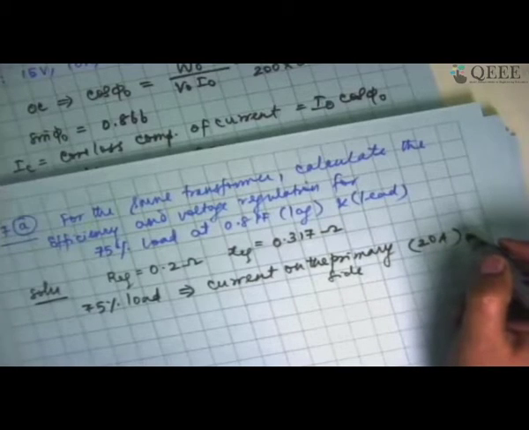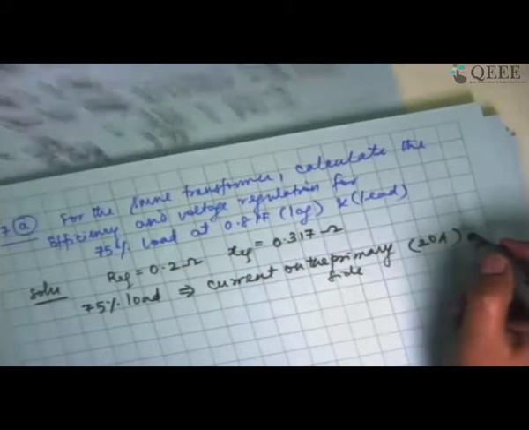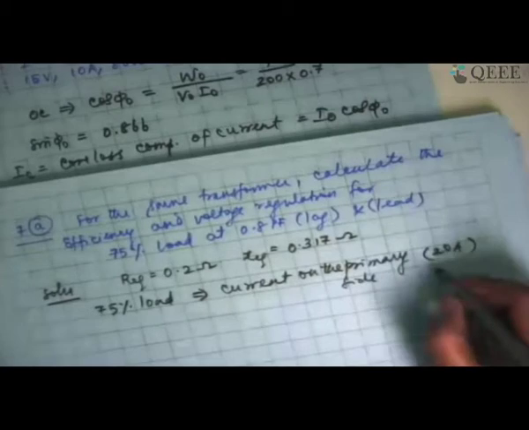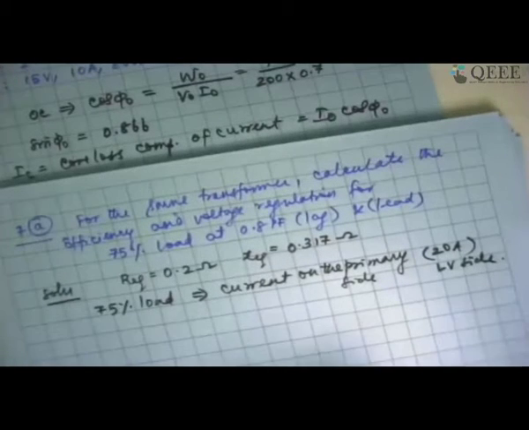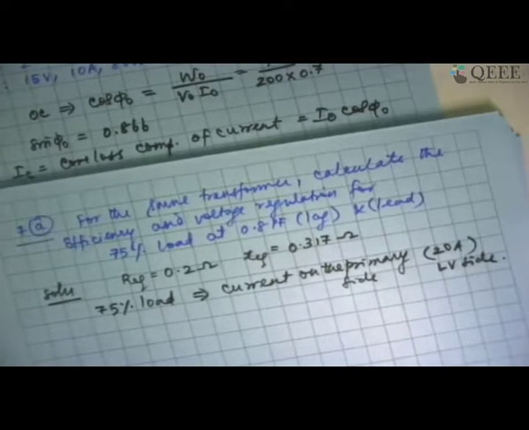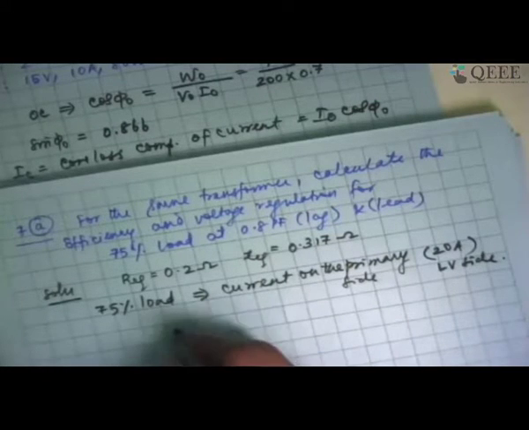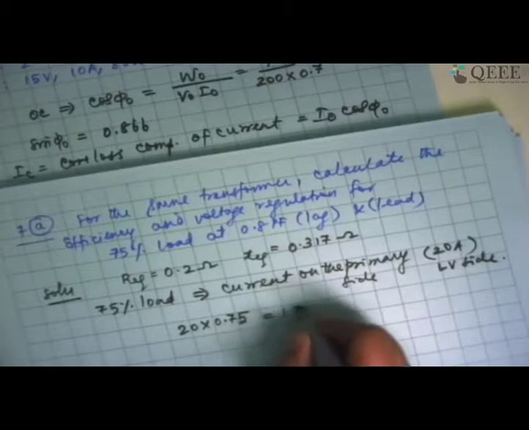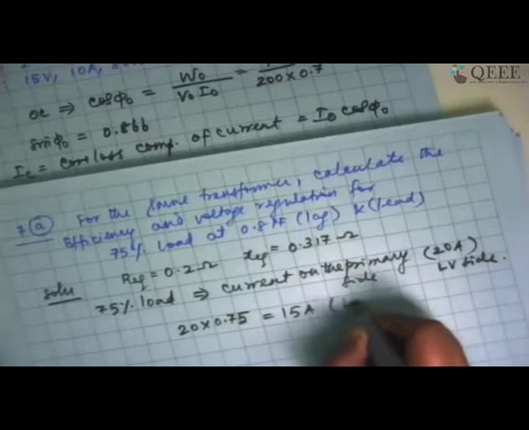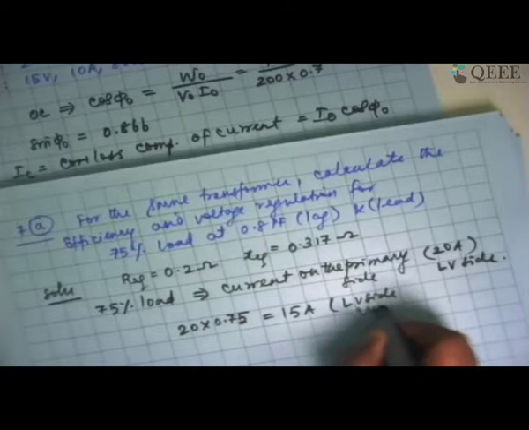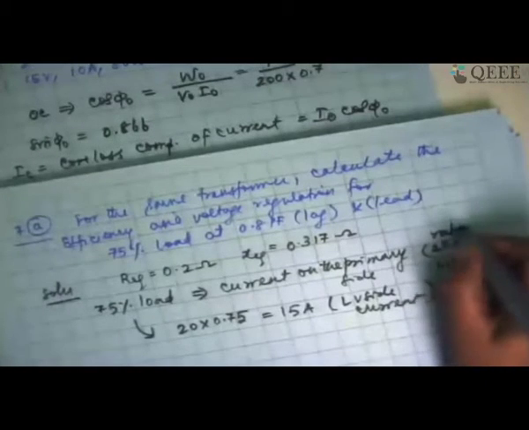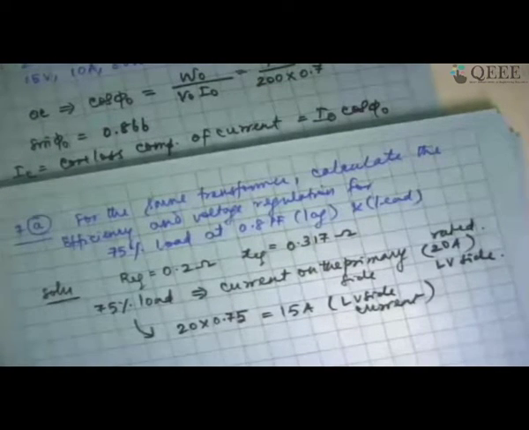That's what we have to do, right? Fine. So if we say it is 20 ampere on the LV side, at 75% load, 20 multiplied by 0.75. So that is 15 ampere is the current on the LV side. Okay, this is rated current. Whereas this is essentially LV side current.